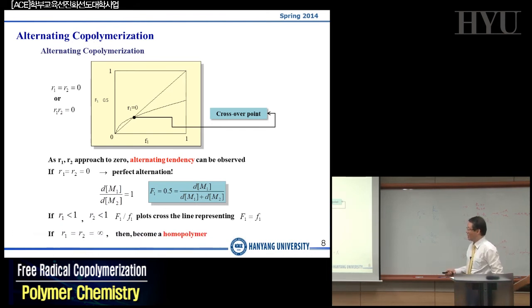Or when you have R1 and R2 greater than 1, we have a block tendency. But if R1 is infinite and R2 is infinite, then we only have homopolymers. Okay? But if you have a reasonably large R1 and R2, we call that the block tendency or block copolymer compositions.